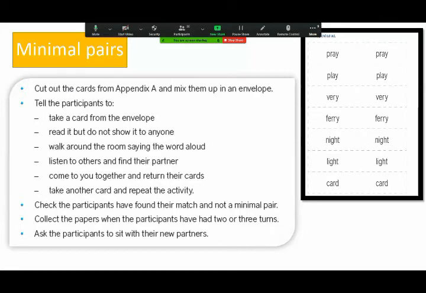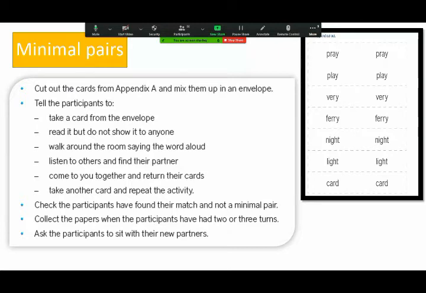Walk around the room saying the word aloud. Listen to others and find their partner. Come together and return their cards. Then take another card and repeat the activity. Check the participants have found their match and not a minimal pair.